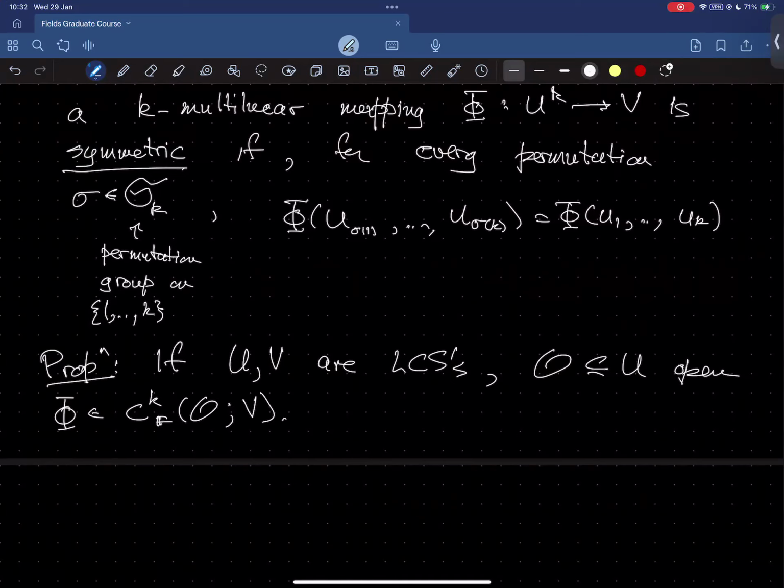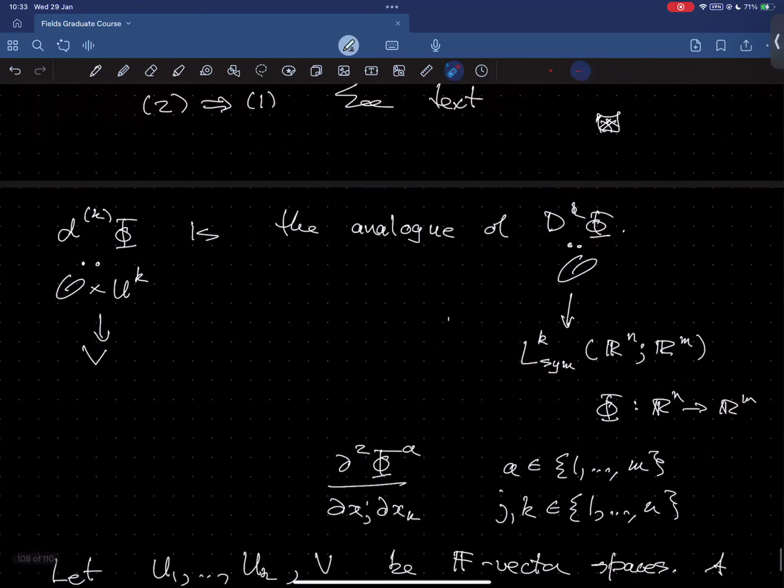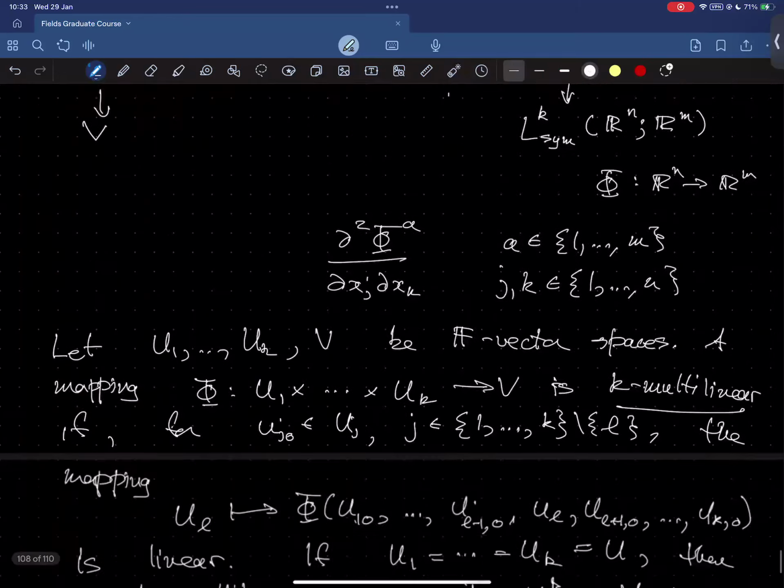Then the conclusion is that if I choose a value of x, the resulting thing is going to be k multilinear and symmetric in the U's.